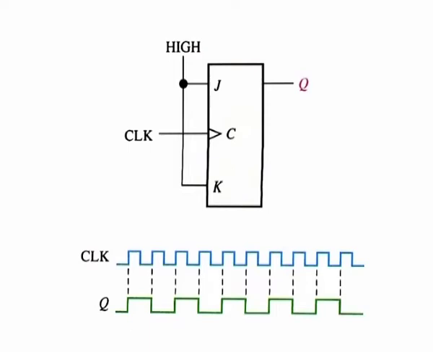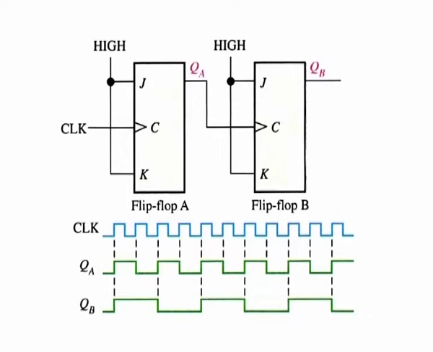Thus, a single flip-flop can be applied as a divide by 2 device. As you can see, the flip-flop changes state on each triggering clock edge. This results in an output which changes at half the frequency of the clock waveform.